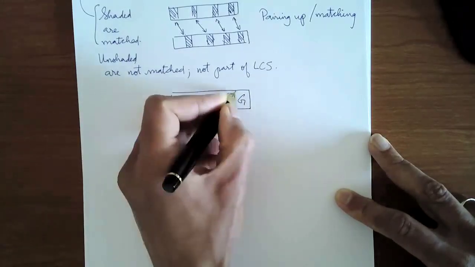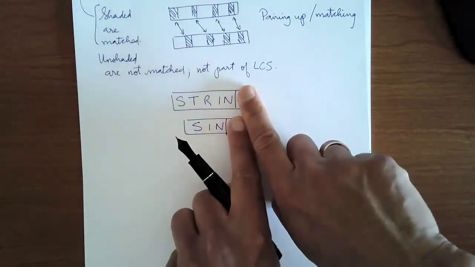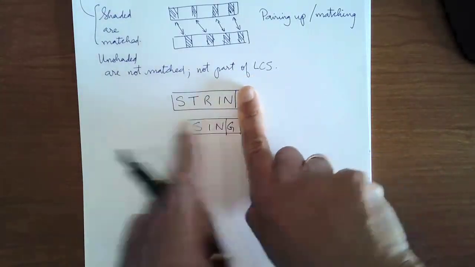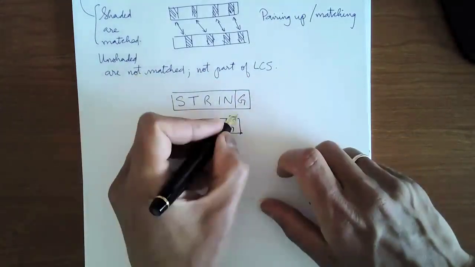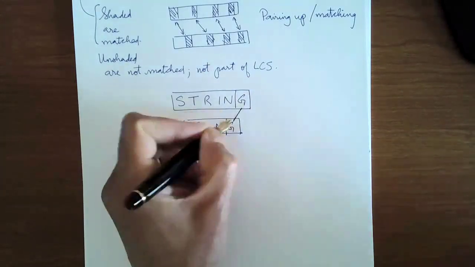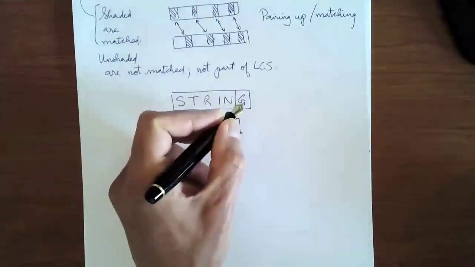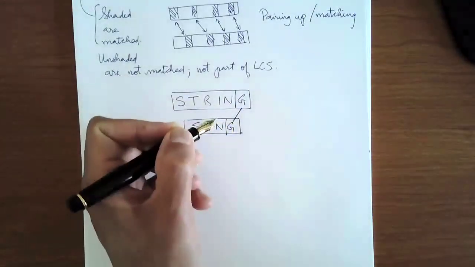These two are the same. If I didn't use both of them, I could find the longest common subsequence on what's left and then add these together. So both of these have to be used. If both are not used, that's a contradiction to being a longest common subsequence.